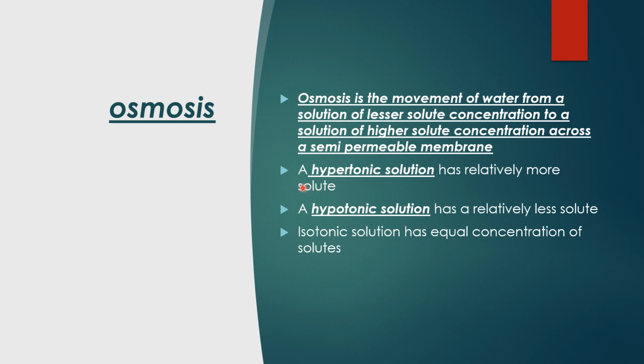A hypertonic solution has relatively more solute. A hypotonic solution has relatively less solute, and an isotonic solution has equal concentration of solutes on both sides.